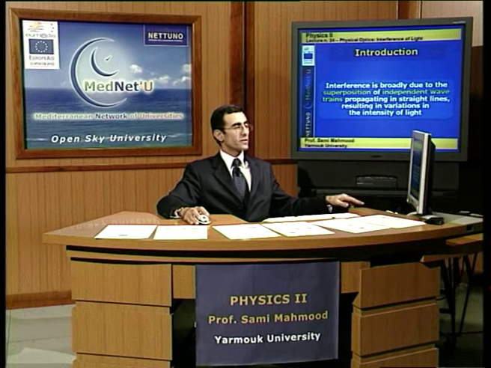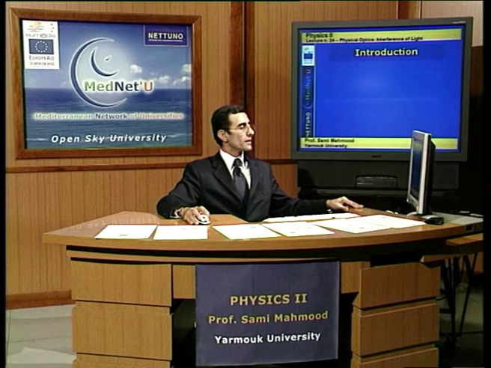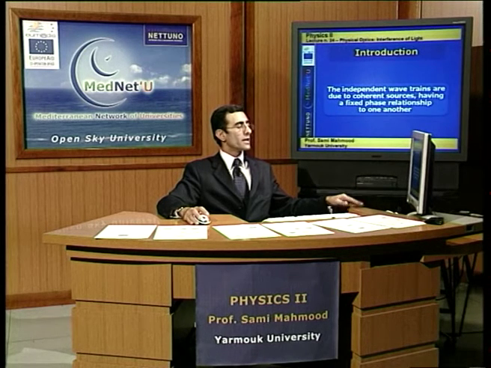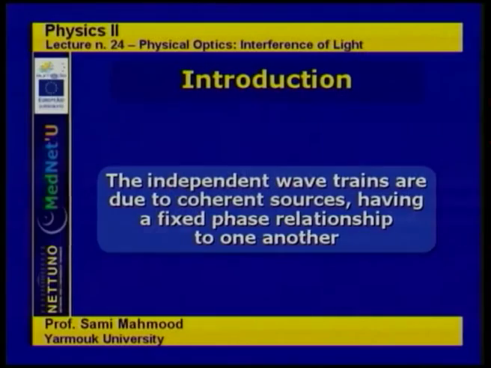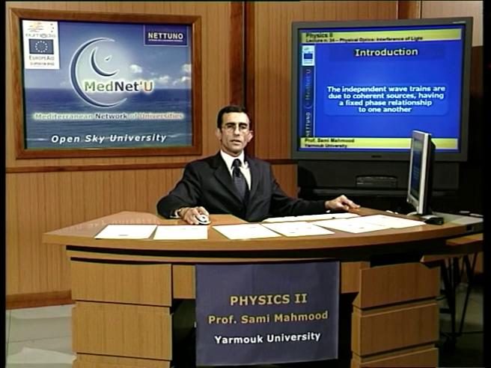So this effect is called interference. The independent wave trains that interfere with each other to produce this intensity variation in space should be coming from coherent sources, having a fixed phase relationship to one another, as we will describe during this lecture.